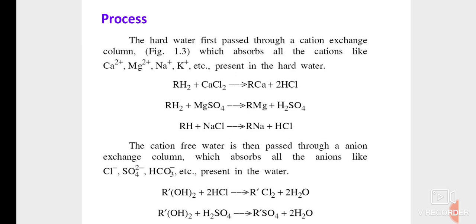Suppose the water contains NaCl: Na plus is absorbed by the cation exchanger column because Na plus is the cation, and the chloride is absorbed by the anion exchanger column like R dash OH twice. It is a simple reaction. Okay. You should write more examples one by one, which are very simple reactions and easily understandable. Okay.